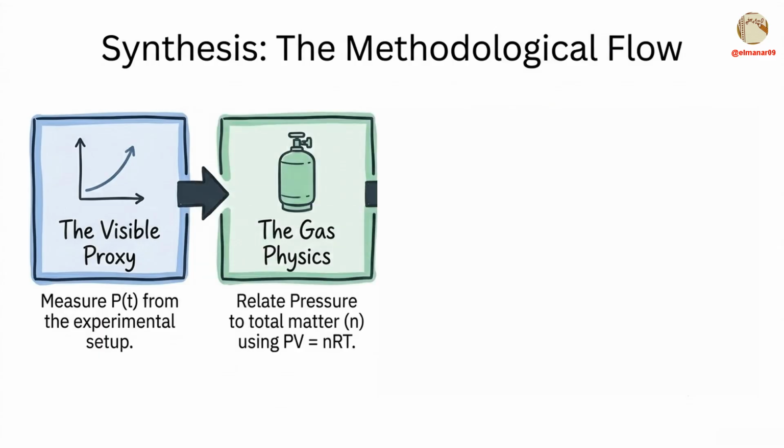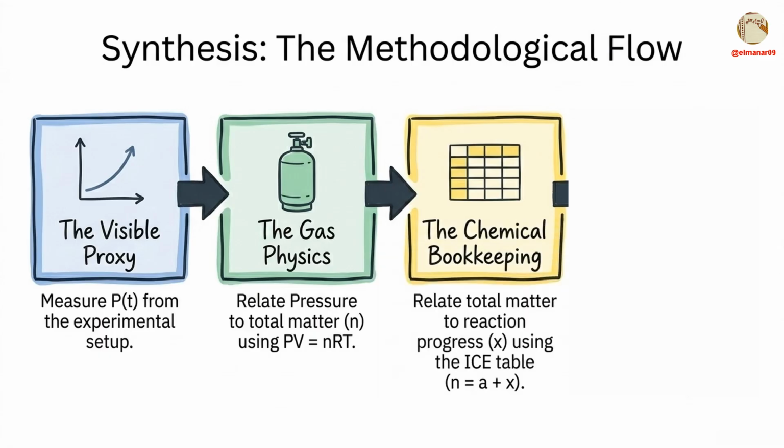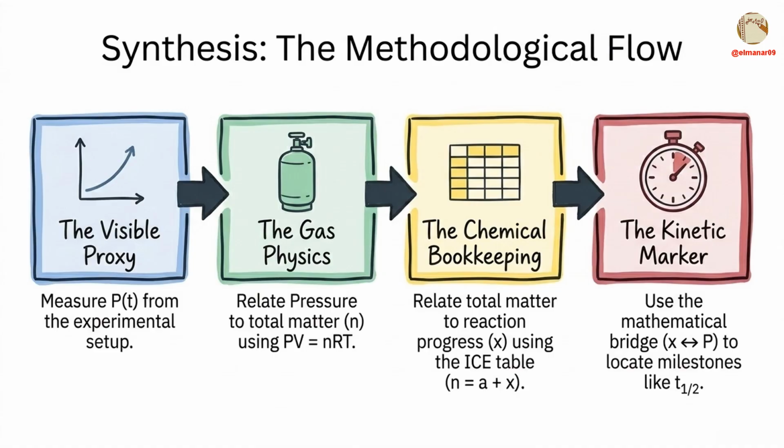We use the ideal gas law, PV equals nRT, to relate that pressure to the total amount of matter, n. 3. The chemical bookkeeping. We use our ICE table to relate that total matter n to the specific reaction progress, X. 4. The kinetic marker. Finally, we build a mathematical bridge to locate important milestones, like the half-life.